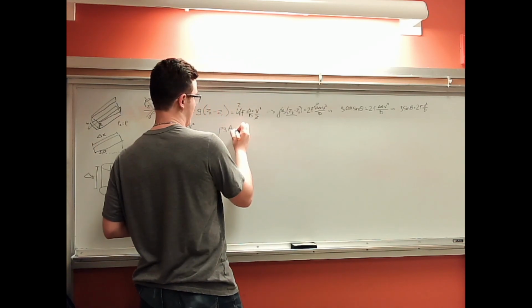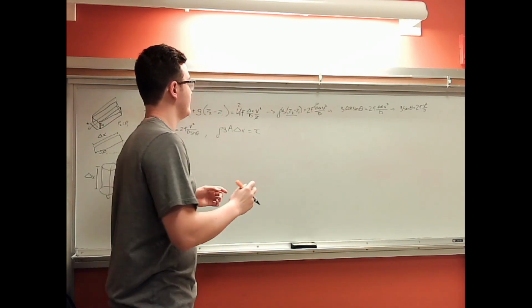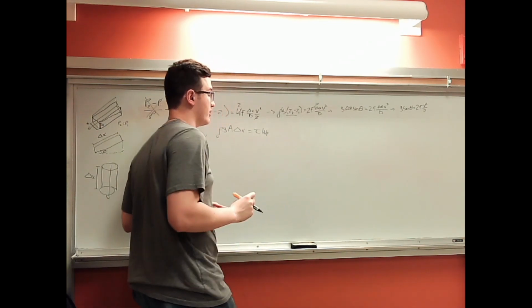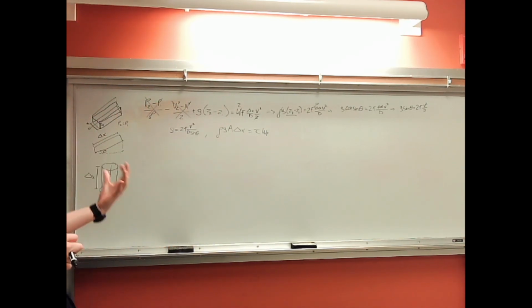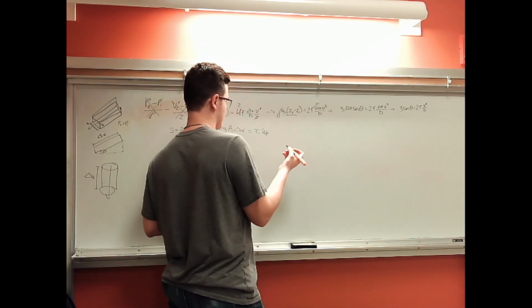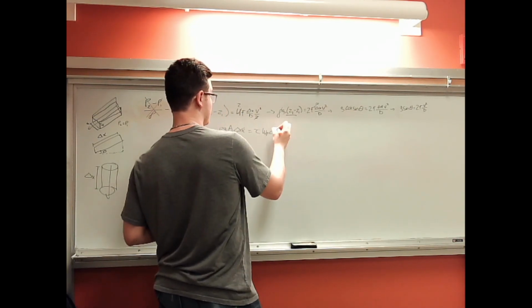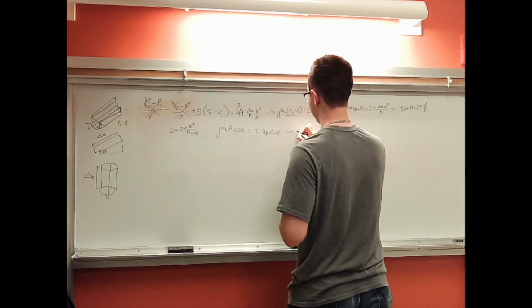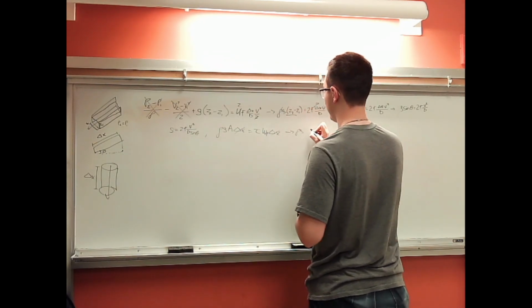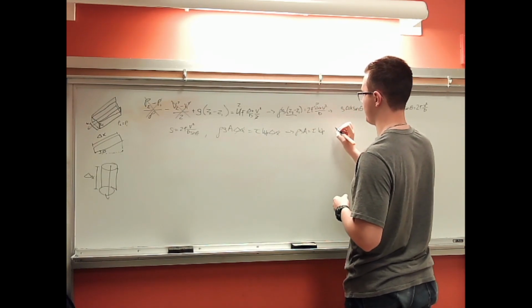So area times the length delta x is equal to the shear stress times WP, which is the wetted perimeter, i.e. how much of the wall is wet, in contact with the liquid, multiplied by delta x. So these delta x's cancel, and it goes to density times gravitational constant times area is equal to the shear stress times the wetted perimeter.